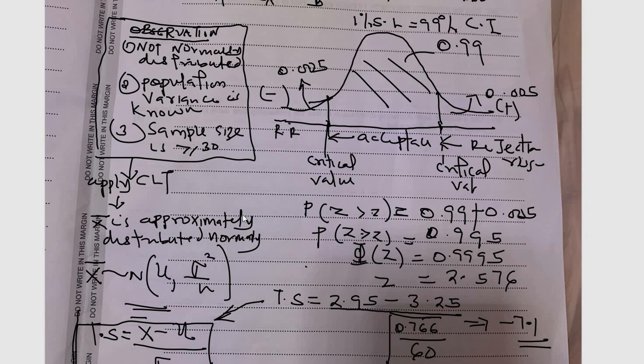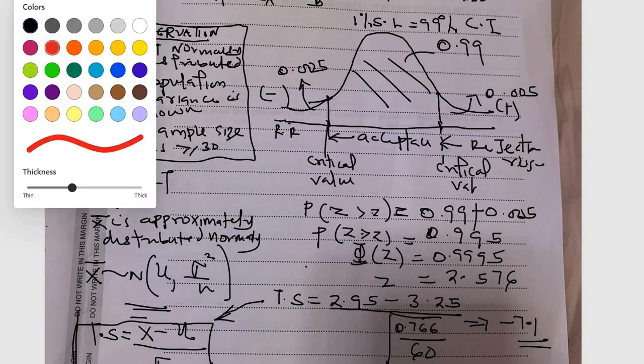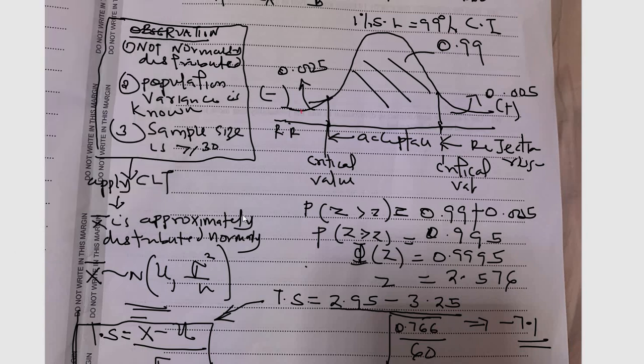So let's say here is 0, here is 1. Minus 7.1 would be in this region, this side, down the left, down the left.